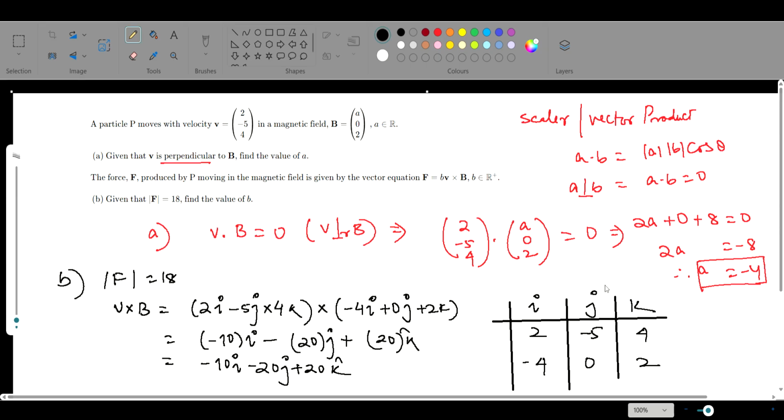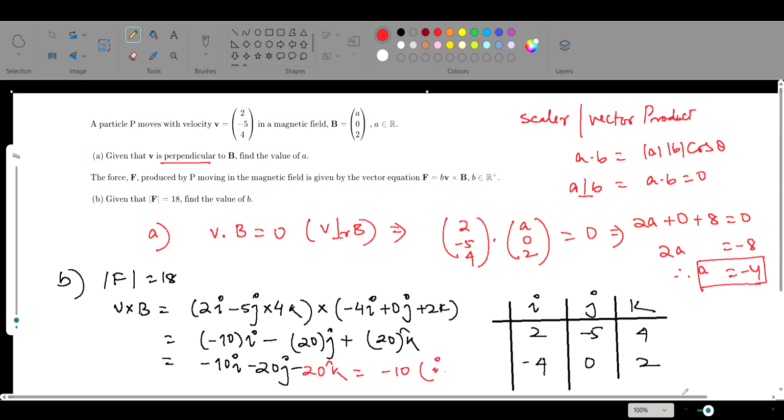Alright. For the last one, I just need to check here if I cross this one: 2 times 0 minus of this will become positive. So my last one will be basically minus 20. This will also be minus 20. Minus 20k.